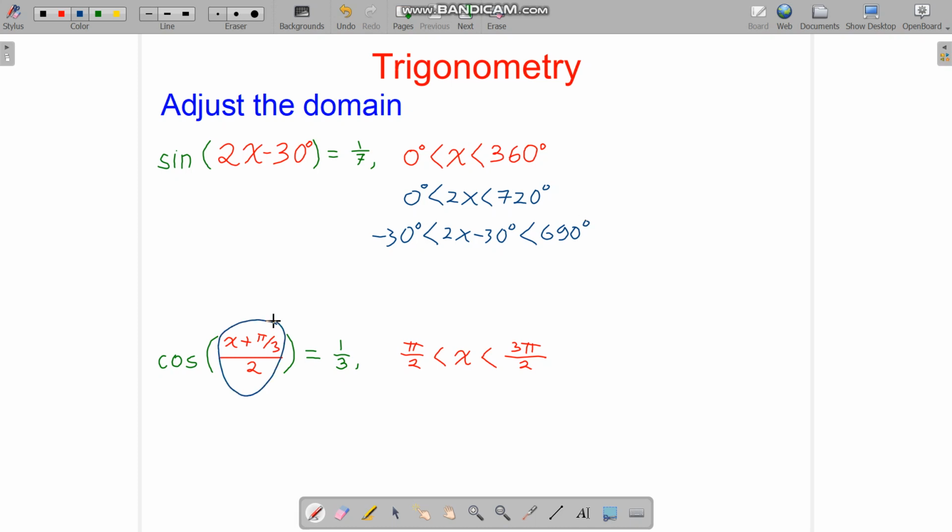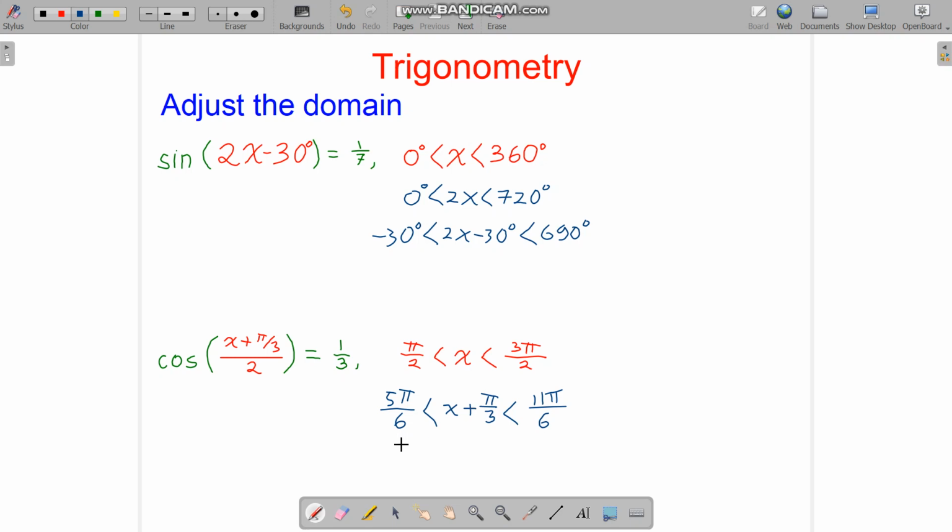And if we are dealing with this angle but the domain is this, we can adjust the domain. So we add pi over 3. Pi over 2 plus pi over 3, there'll be 1/3 plus 1/2, 5 over 6, 5 pi over 6. We have x plus pi over 3, and we have 3 over 2 plus 1 over 3, so that's 9 plus 2, 11 over 6, 11 pi over 6.